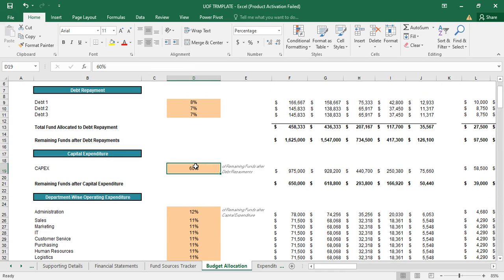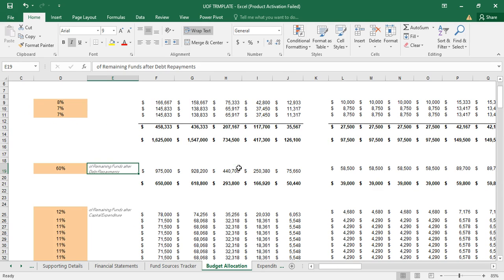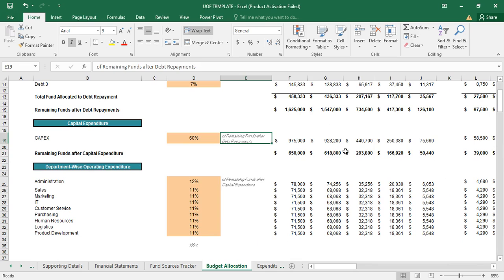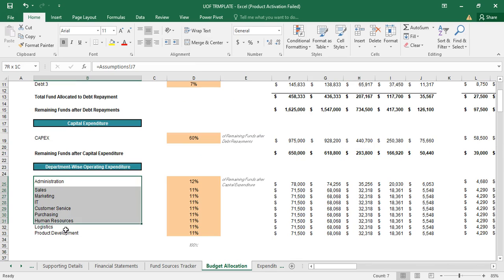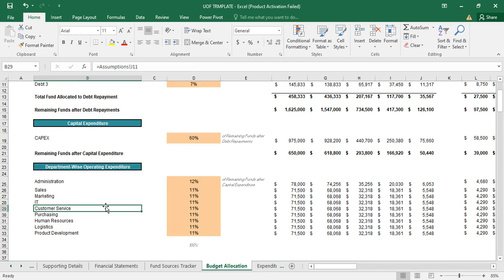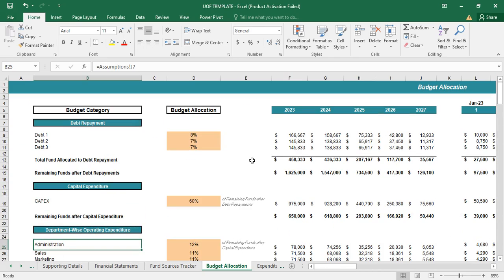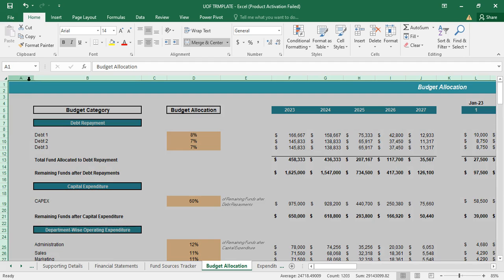And once we have allocated a certain percentage of funds to capital expenditure, the remaining funds are being used for operating expenses. Now here we have included department-wise distribution of operating expenses, and then we have allocated percentages accordingly to each department.